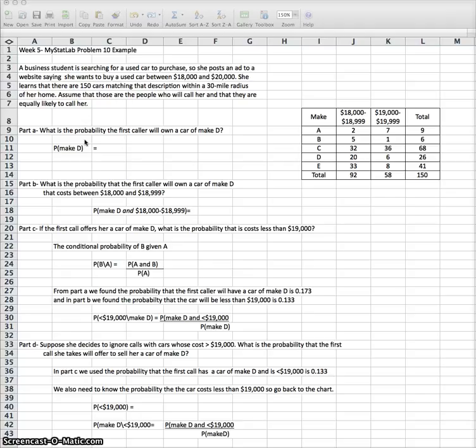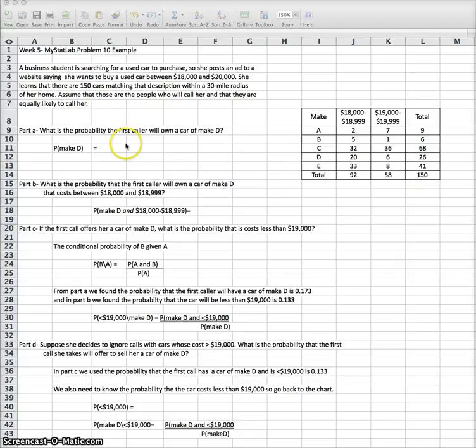Part A asks us, what is the probability the first caller will own a car of make D? So let's look at our chart. Make D, we have 20 cars between 18,000 and 19,000 and 6 cars between 19,000 and 20,000. If we look at the total here, there are 26 cars of make D out of a total of 150.